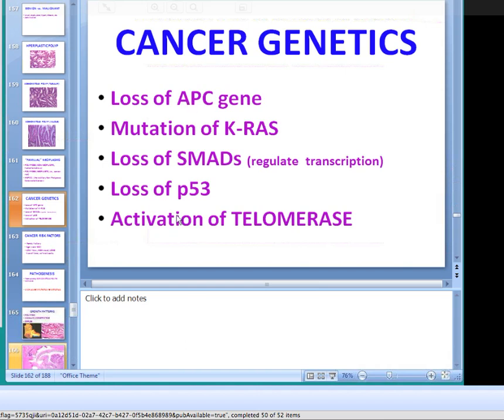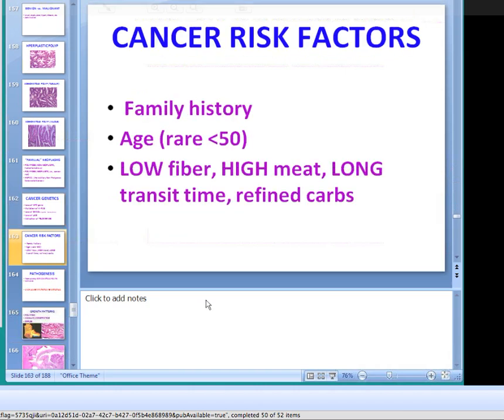But if you have telomerase breaking up your telomeres, you then have unlimited cell divisions. So all these are genetic factors in cancer of the colon, as well as many other areas. And I don't want to go into it anymore, partly because it's so complex. I'm not sure if I understand it that well myself. I'll be very honest with you.